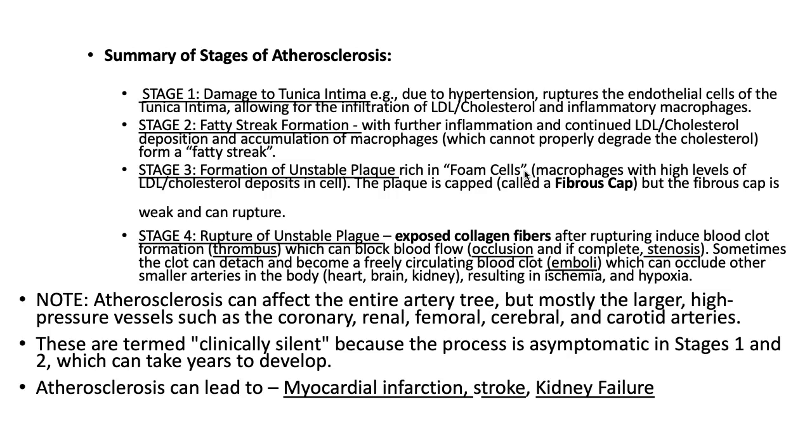What the body does to try to stop the rupturing is to put a fibrous cap on it, but that's just going to hold for a short period of time. Stage 4 is when it ruptures.